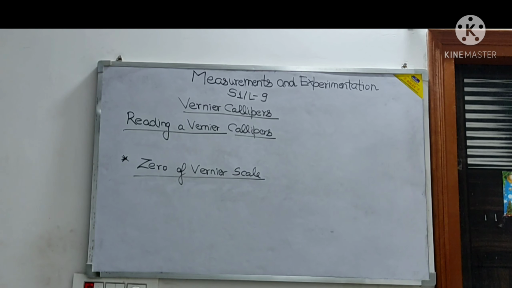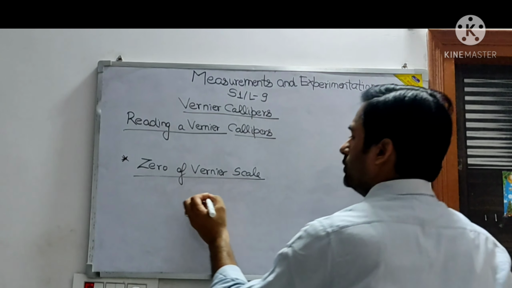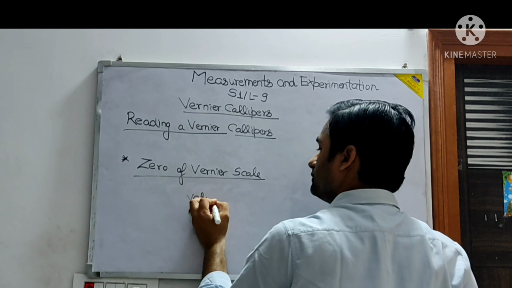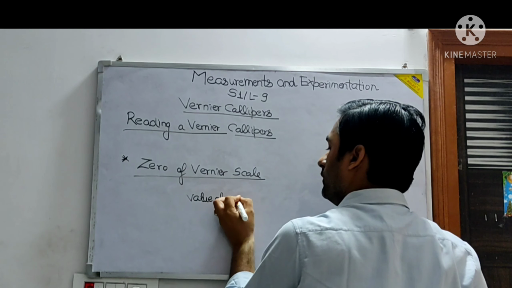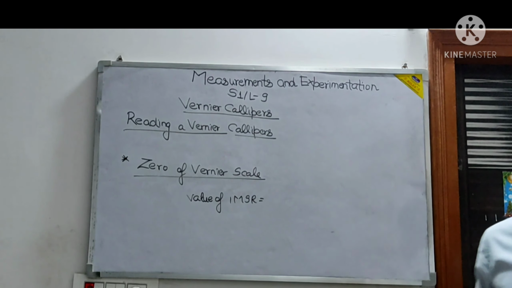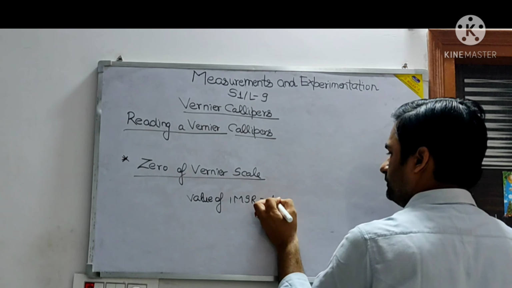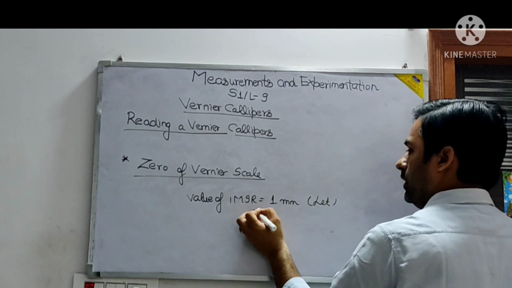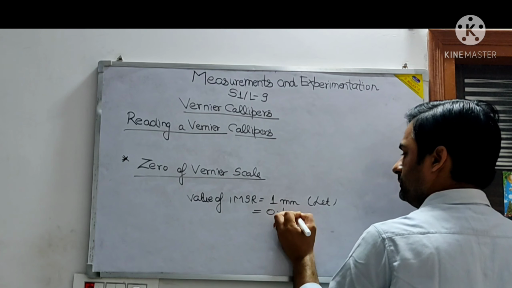And when we are starting to read it, first of all, to find out what? First of all, they will be giving you a value of one main scale reading. Let it be 1 mm or 0.1 centimeter.